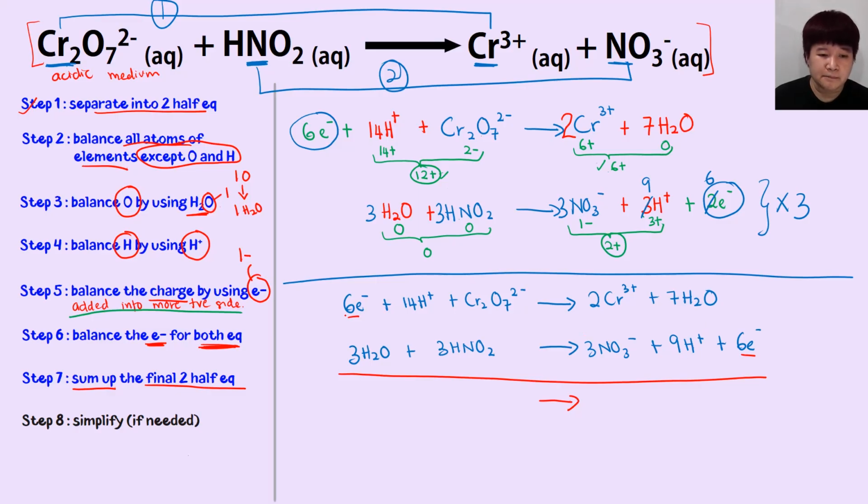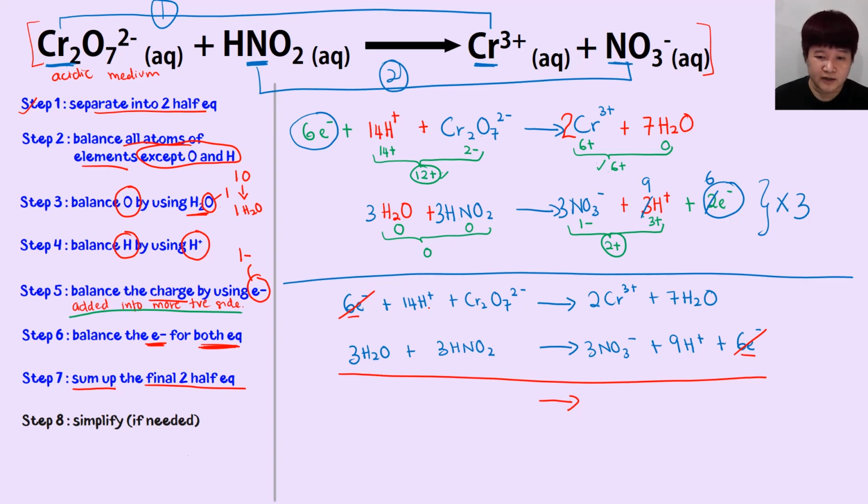Third, the number of electrons must be the same. And when they are in the opposite direction, we can minus or cancel them off. And before you can sum them up, you need to make sure there is no repeated compound. We cannot write the same compound twice in a chemical equation. So we need to simplify the same compound.